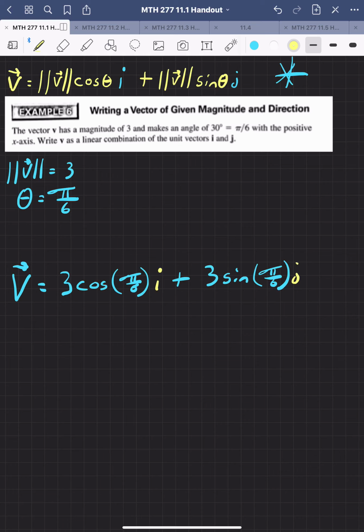All right, let's just finish this up. The cosine of pi over 6 is just the square root of 3 over 2, and sine of pi over 6 is a half.